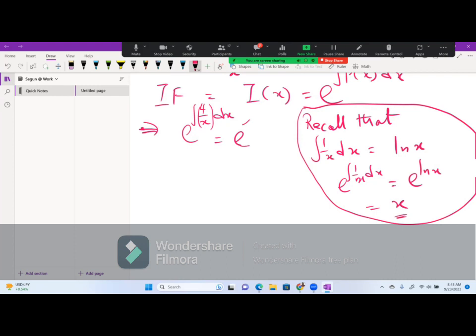Yeah. Now let me take my 4 out. Don't forget, I have integral here. So I'm going to have here exponential of 4 ln x. Do you agree with me?